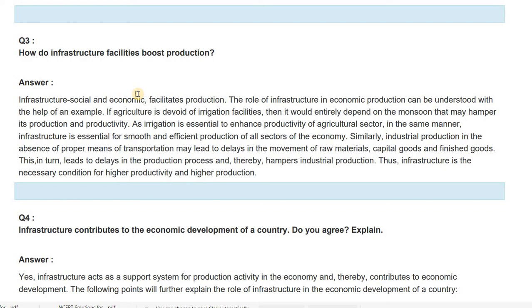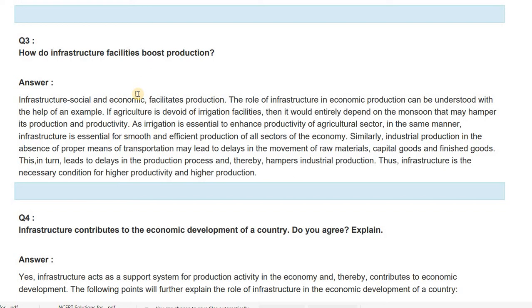As irrigation is essential to enhance productivity of the agricultural sector, in the same way infrastructure is also essential for smooth production of all sectors of the economy. Industrial production in the absence of proper transportation may lead to delay in the movement of raw materials. We know industries require raw materials and finished goods.